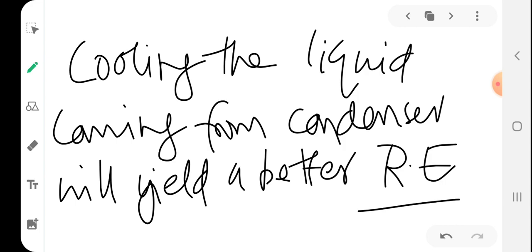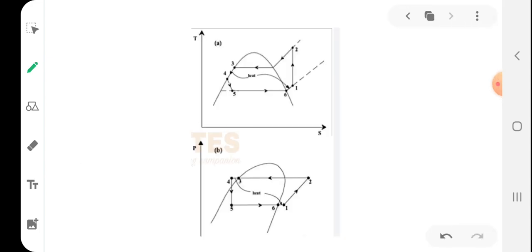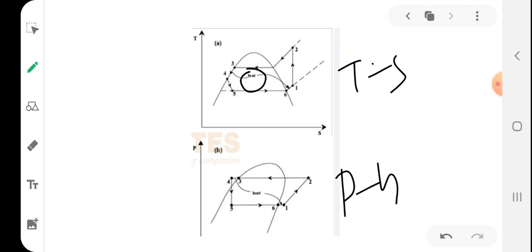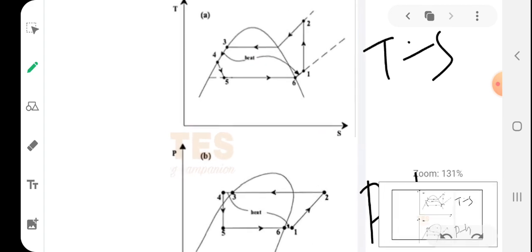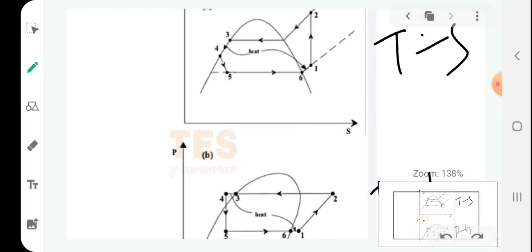We can see this using a figure. Students, you can see here the TS diagram and the pH diagram. I'm trying to zoom this.